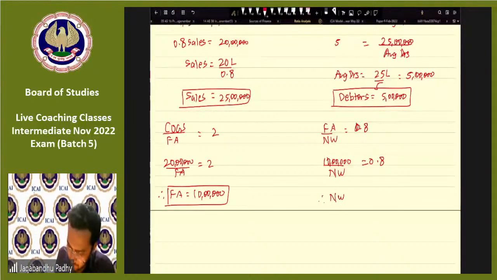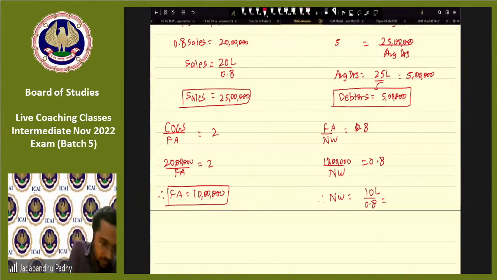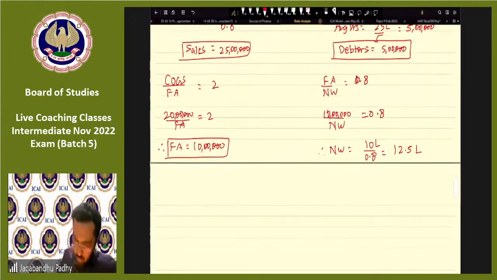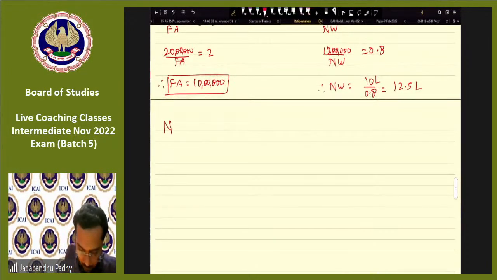Therefore, our net worth will be 10 lakh divided by 0.8, which is 12.5 lakh. Right? Now, net worth is 12,50,000.